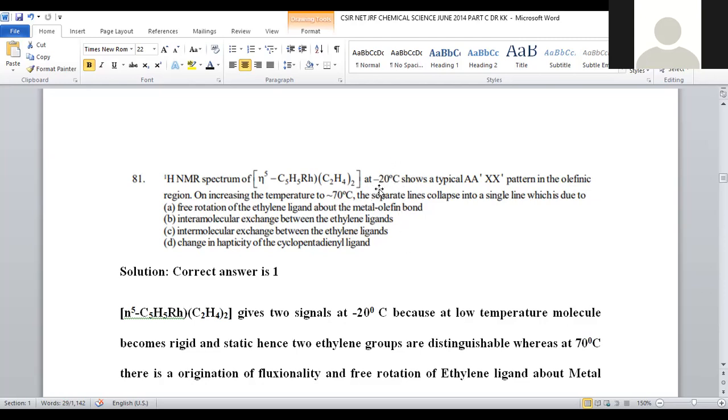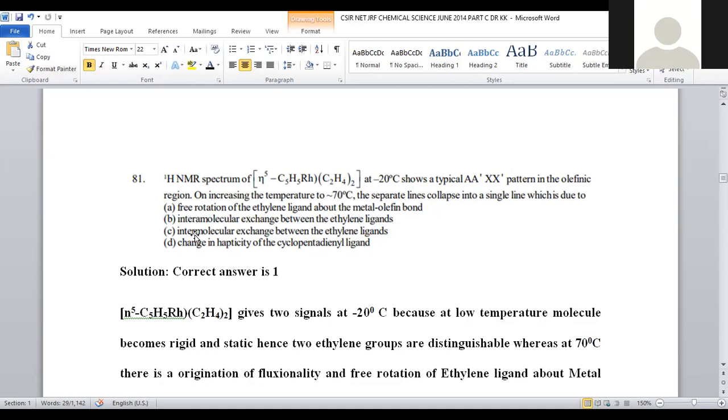Whenever it is minus 20 degrees, what happens? The molecule is totally rigid in nature. Under those conditions, bonds are highly restricted and rotation is completely prohibited, so all are stagnant in nature. The two ethylenes behave like two different sets of atoms, and we will get two different sets of signals for the corresponding ethylene molecules, because free rotation is not possible at minus 20.